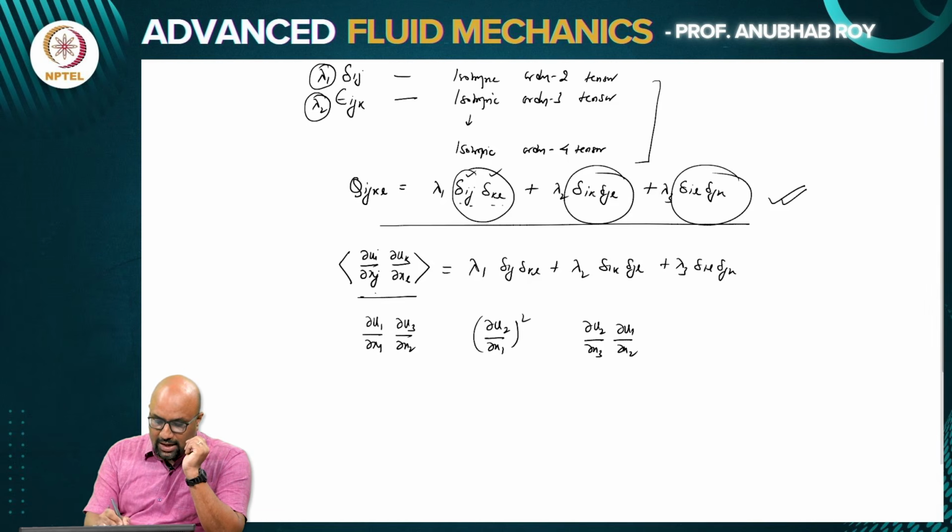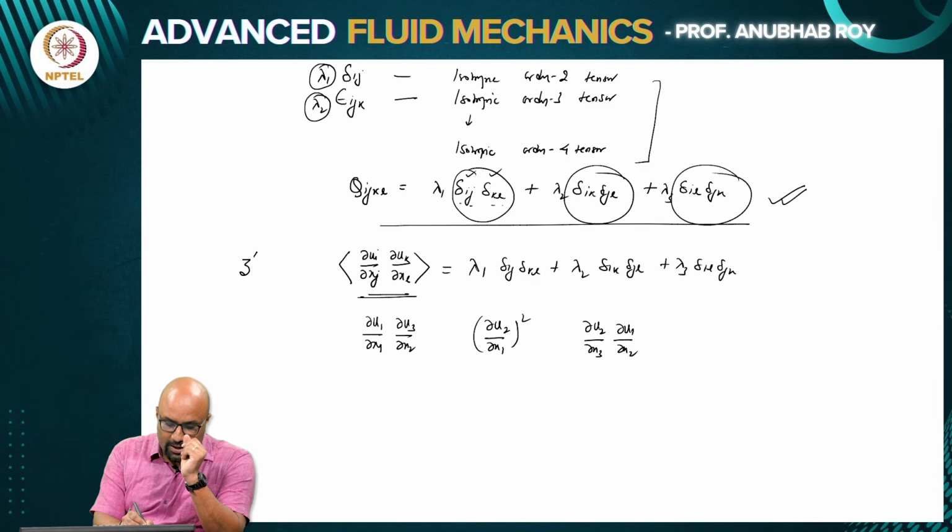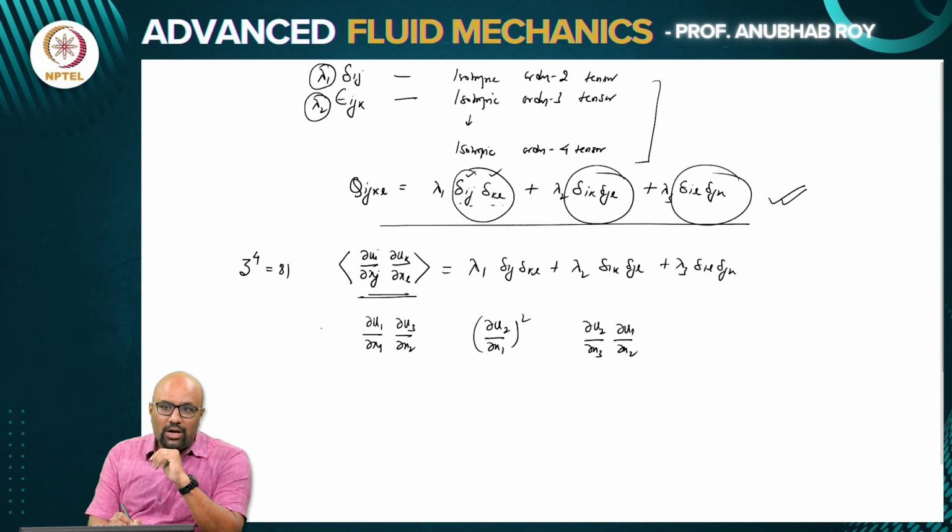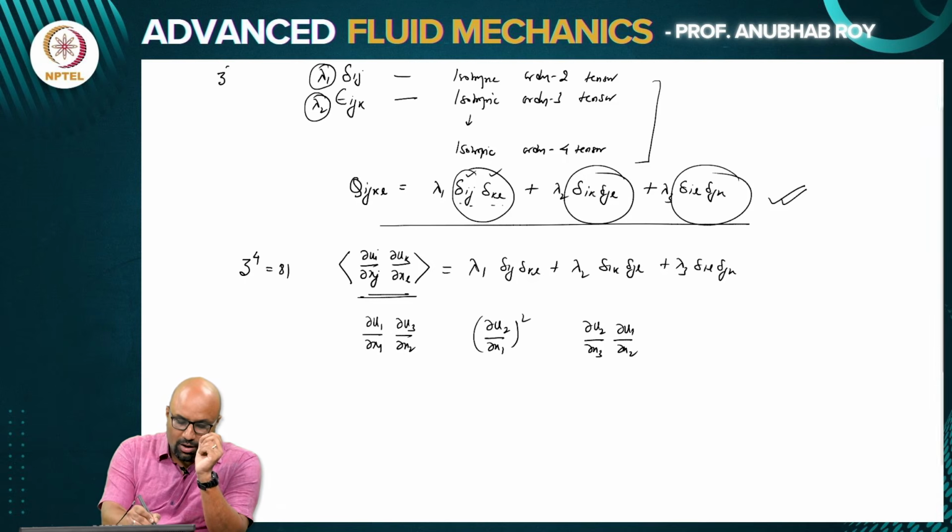Even though there are 4 indices, so for a 4th order tensor the number of components would be 3 to the power 4, which is 81, you don't need 81 components. You only need 3 components. This is the beautiful part.